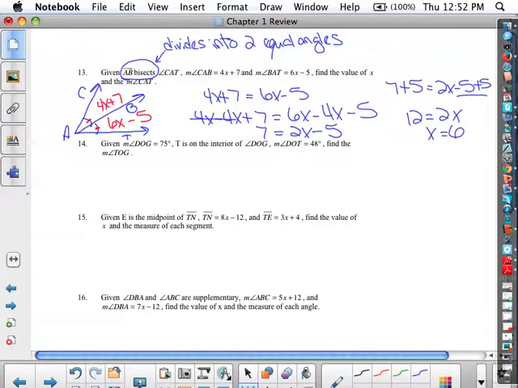Then it asks you for the measure of angle CAT, which is the whole measure. You could actually just find the measure of angle CAB, which is 4 times 6 plus 7, 31, and double that, and you would have the measure of angle CAT is 62 degrees for number 13.